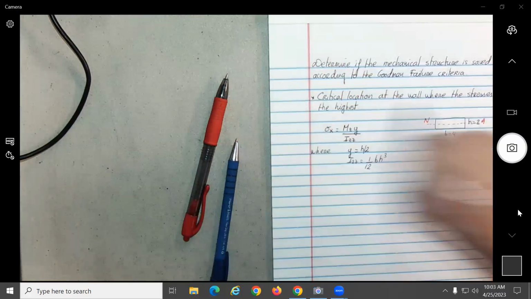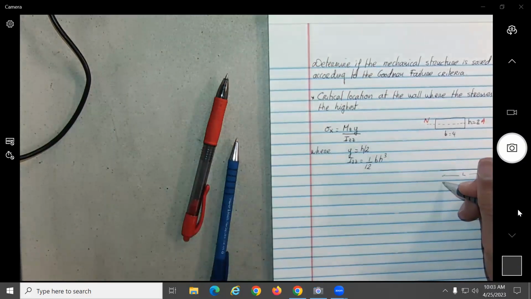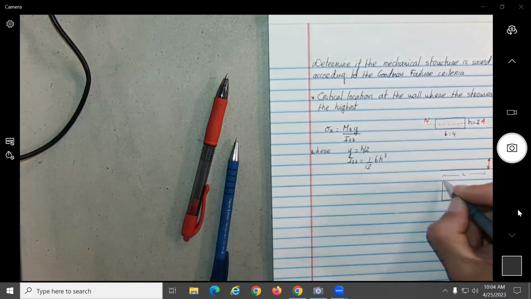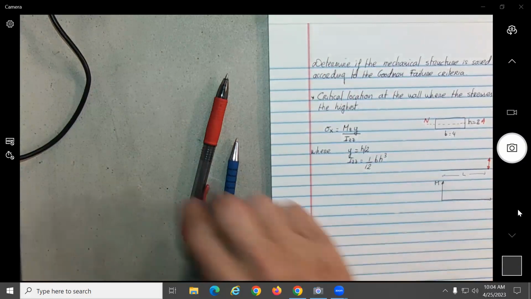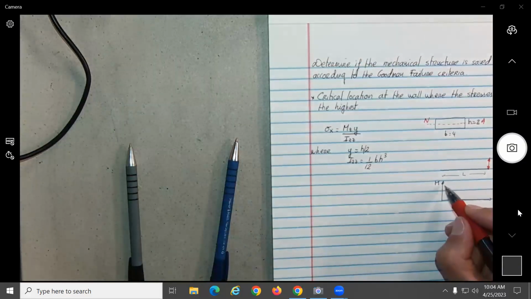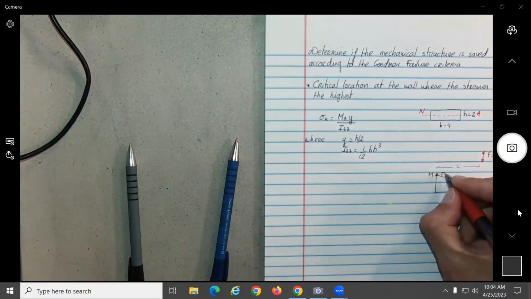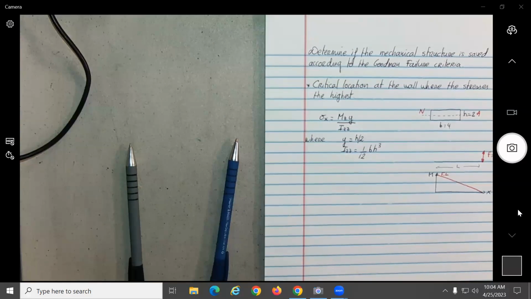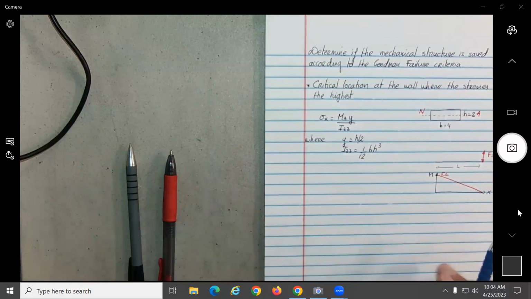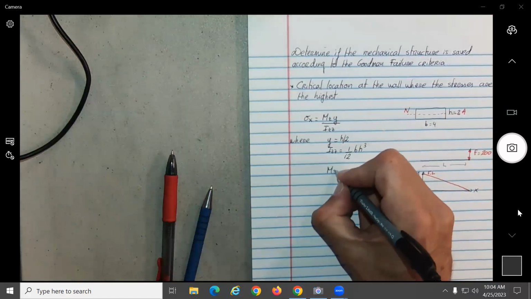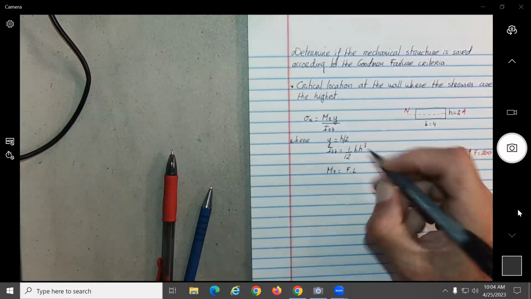This is L. If you wanted to be very detailed, what would be the bending moment diagram? The maximum at the root, what should be the value of the moment? F times L. So Mz will be F times L.